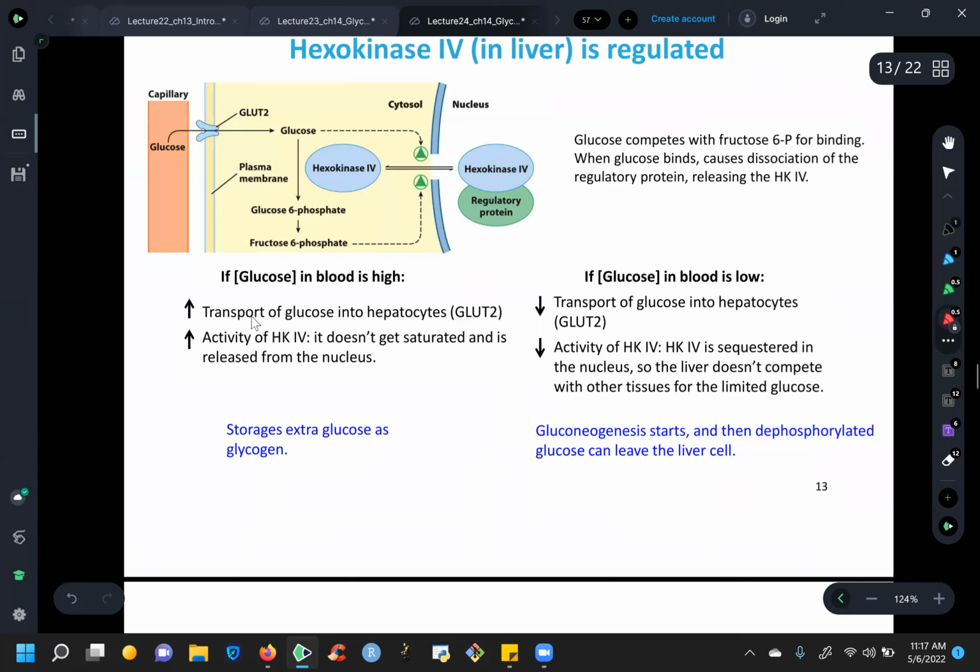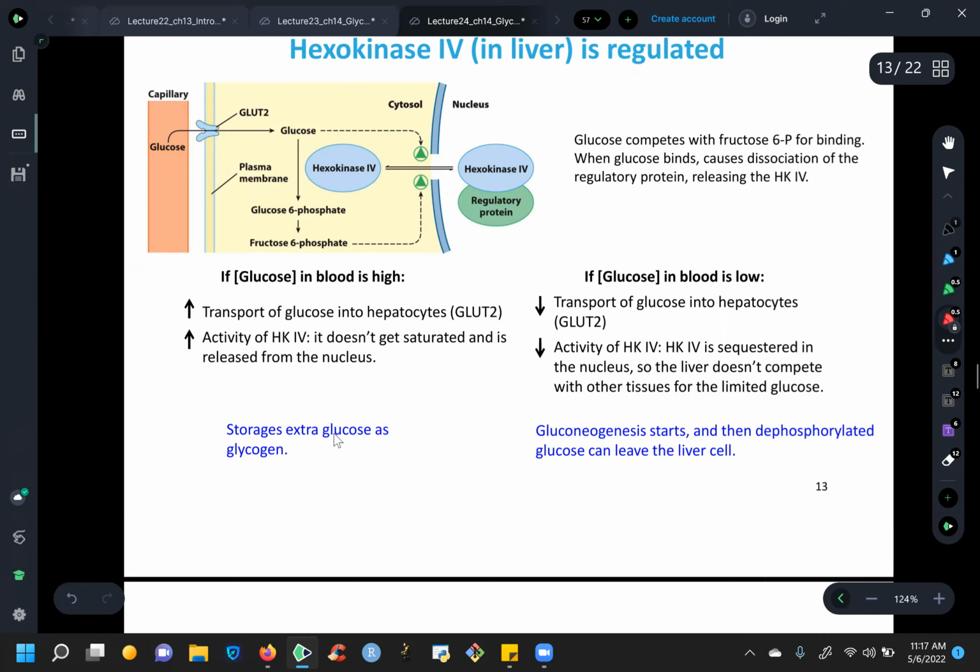So there's increased transport of glucose into hepatocytes, that's just your liver cells. Hepato means liver, via GLUT2. There's increased activation of hexokinase 4. It doesn't get saturated because it has a higher Km value, and it is released from the nucleus.